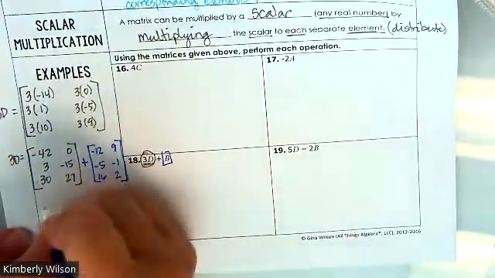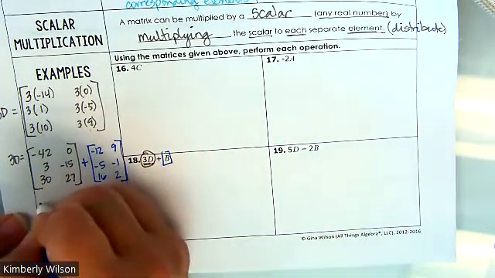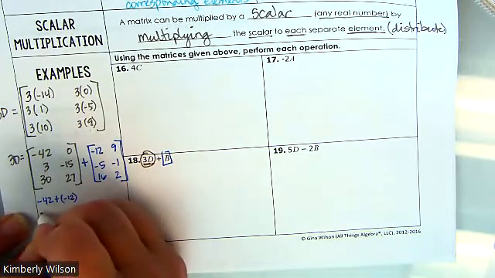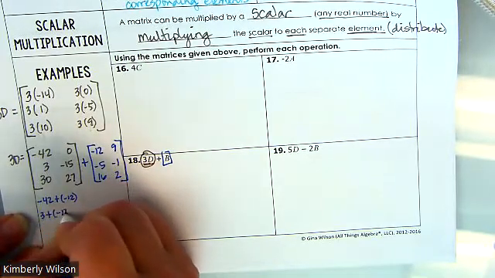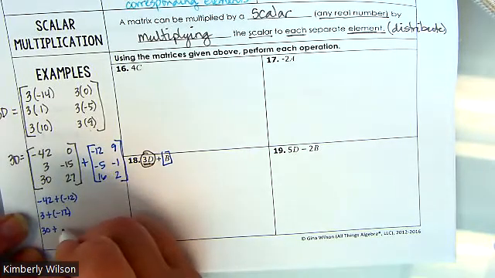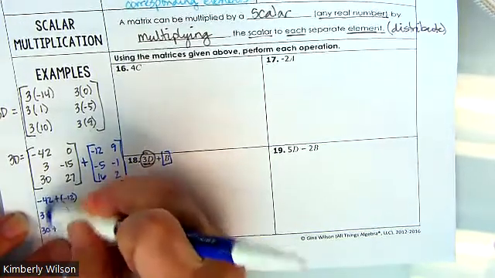Okay, so that means my work for this one is going to be negative 42 plus negative 12, 3 plus negative 12, 30 plus, not negative 12 there, that's a negative 5.